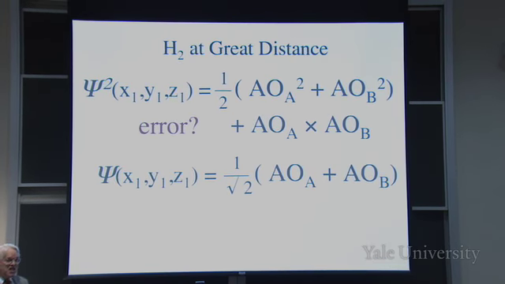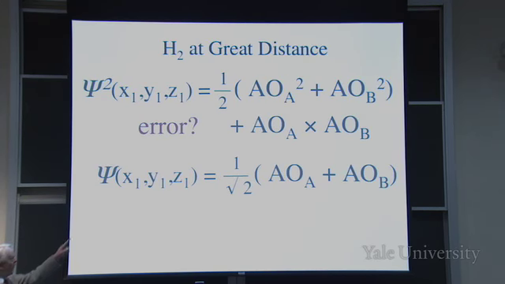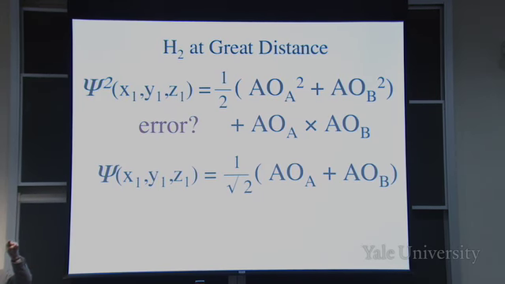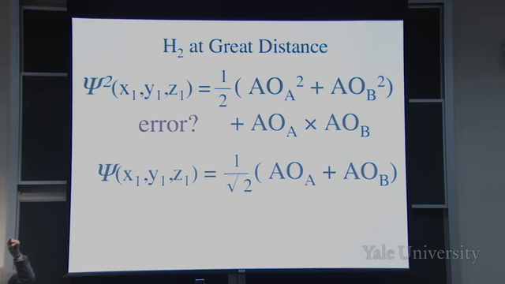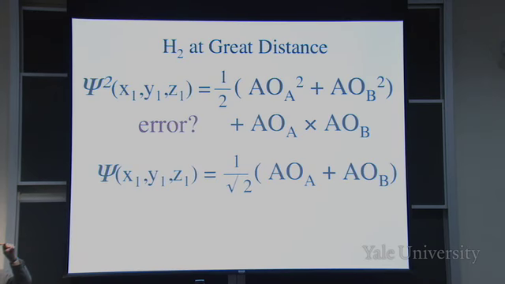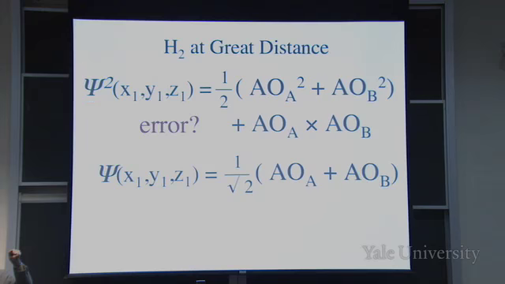How big is that? That's a number. It's the product of atomic orbital A, which assigns numbers everywhere in space, and atomic orbital B, which assigns numbers everywhere in space. So at some point in space, atomic orbital B assigns a number and atomic orbital A assigns a number, and A times B is the product of those 2 numbers.